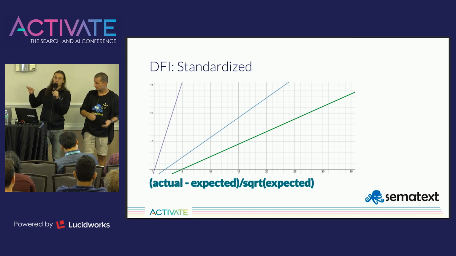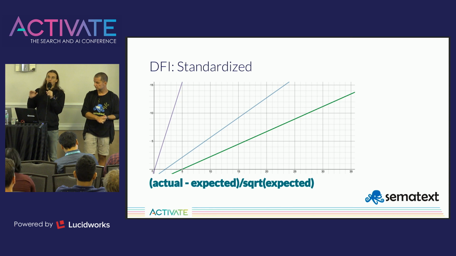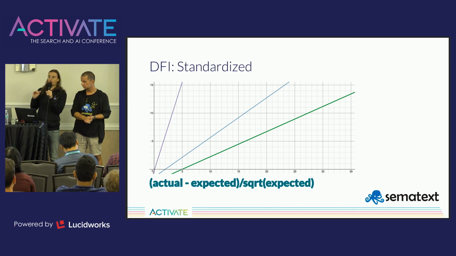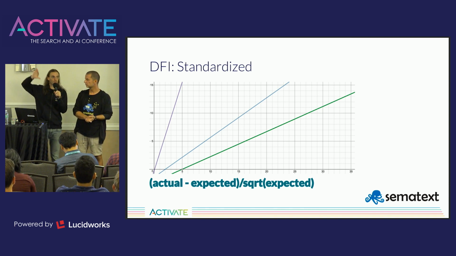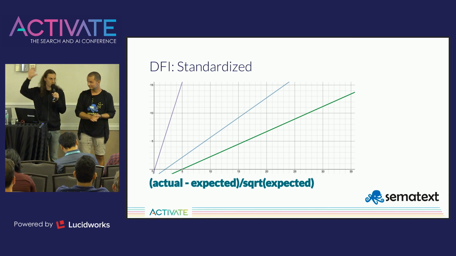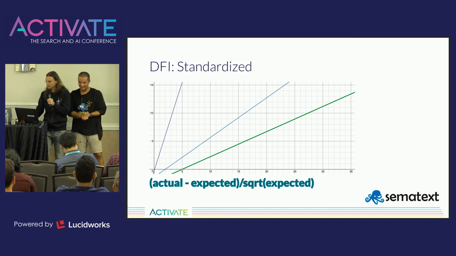And the 3 lines you can see there show how the score grows depending on how rare the term is. So the green line is a more frequent term that's going to just grow slower than a rare term, which is going to just go high.